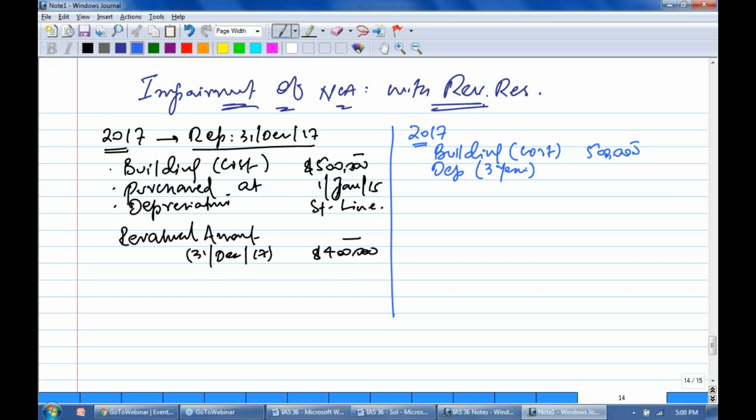One more thing: the life is 10 years. So 500 divided by 10 into 3 years, that is 15, 16 and 17, 3 years depreciation, that is 150,000.